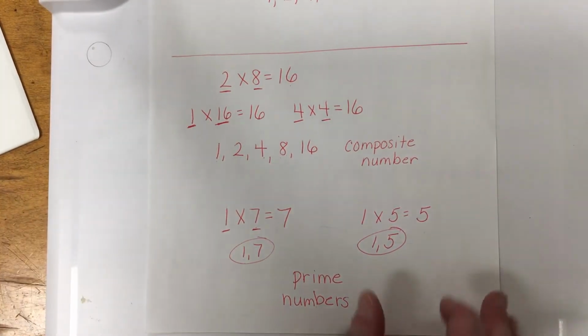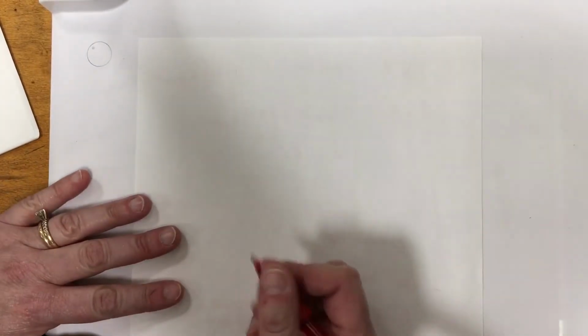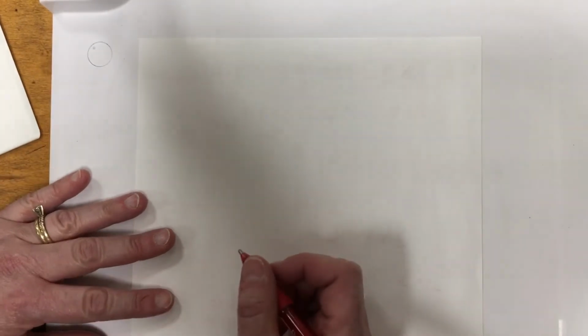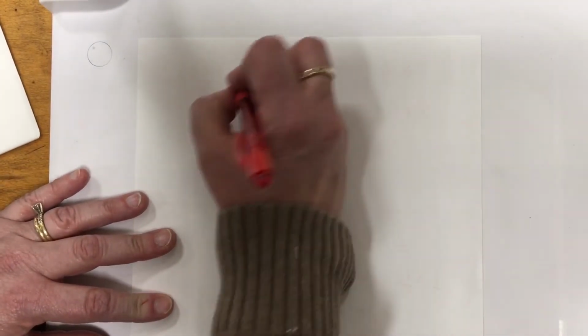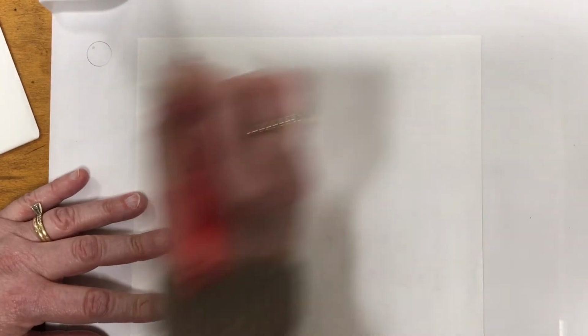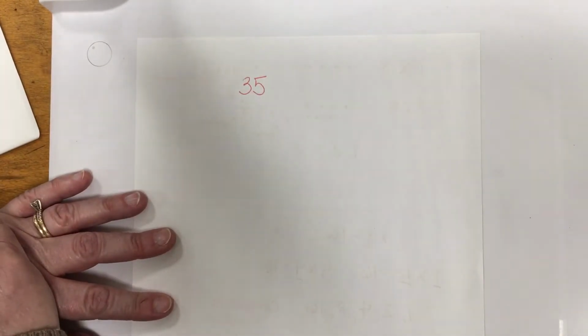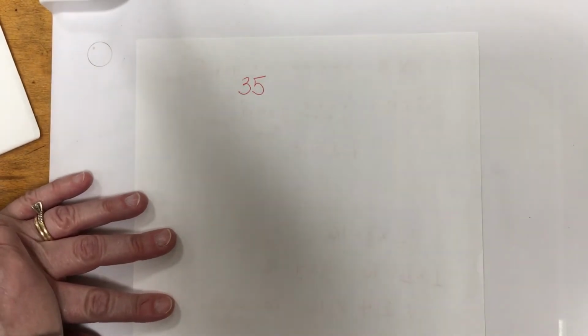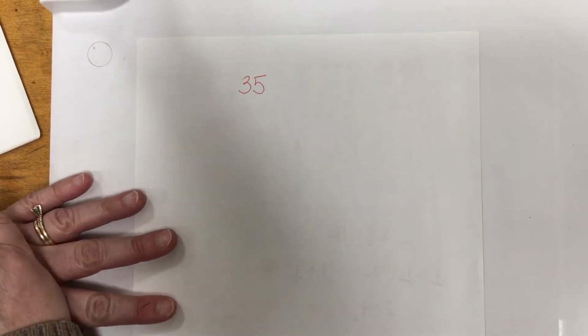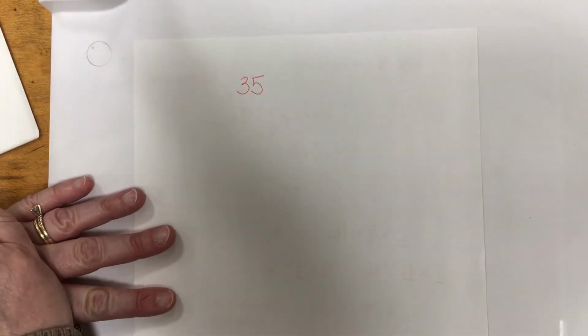I need to go to the back side. We're going to do one more concept development problem together. I want you to take the number 35. See if you can come up with any factors for 35. Go ahead and do that.